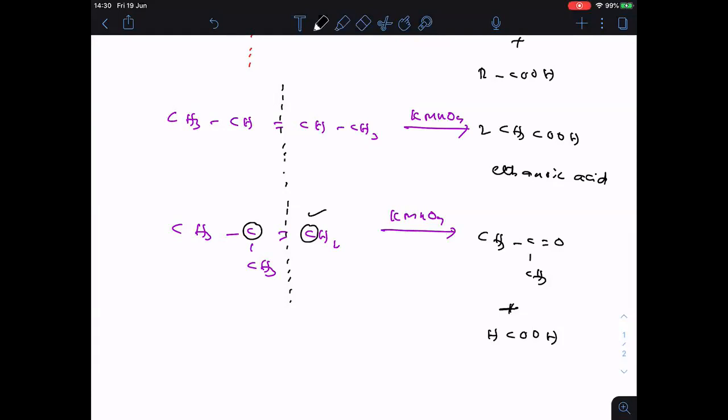I hope you are able to understand about the vinylic carbon atom, all these things. I'll wait for some time. Write quickly, everyone.